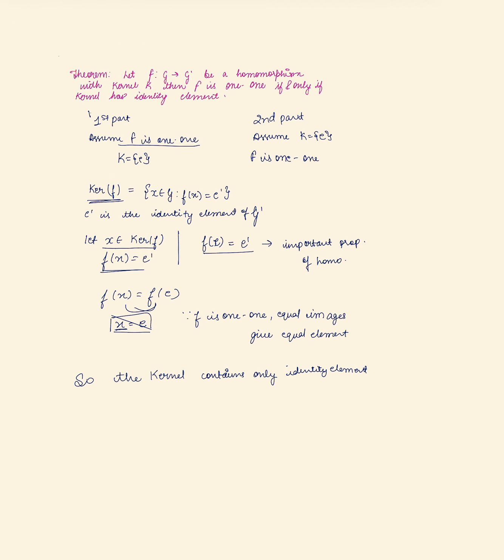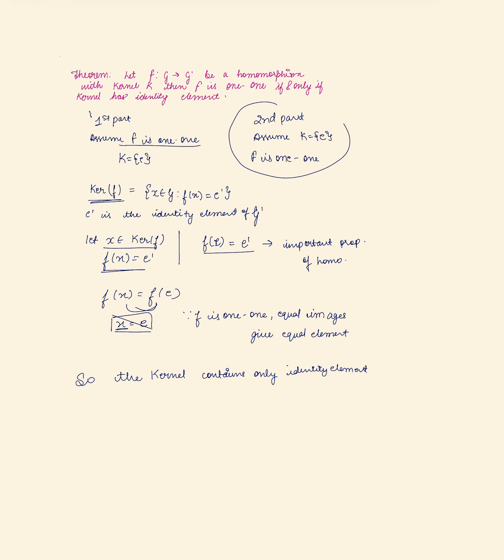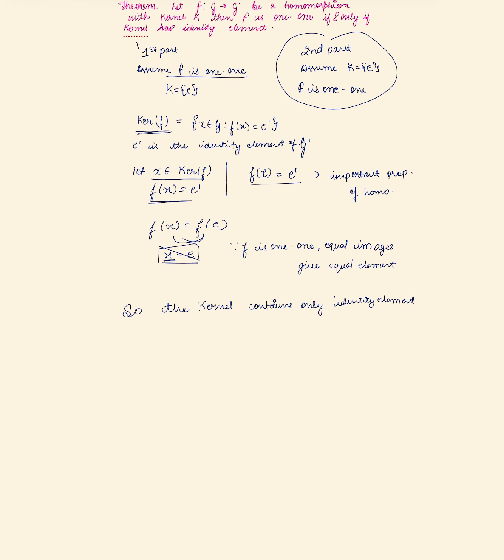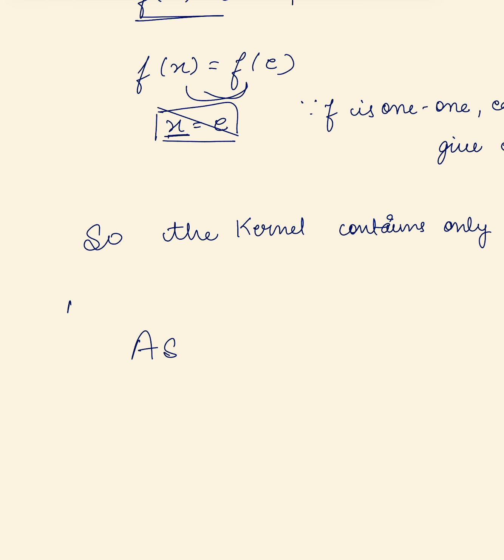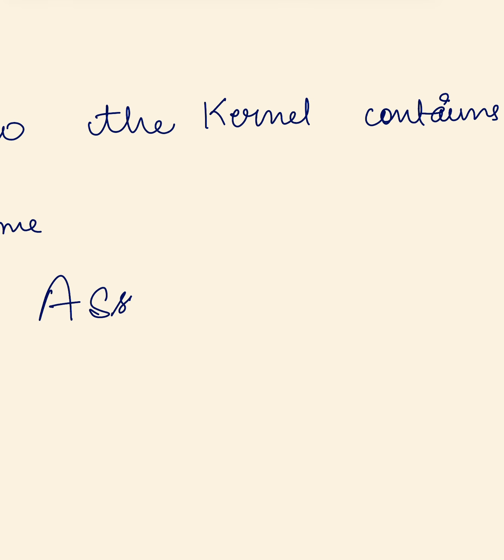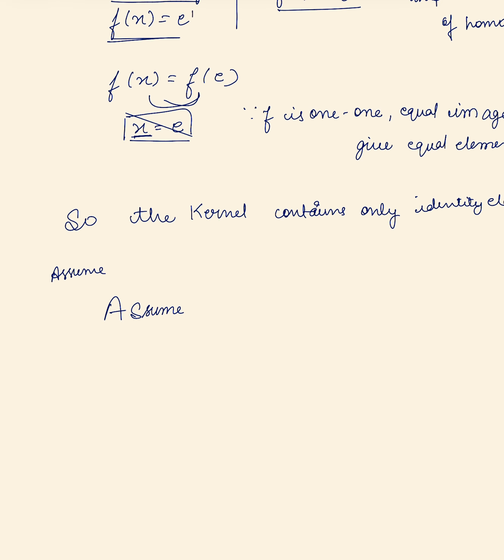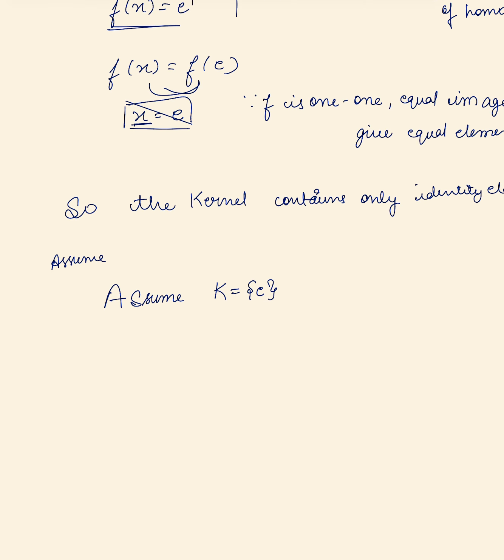Now we will take the second part. Here we will assume K contains only the identity element, and we will prove that f is one-one.